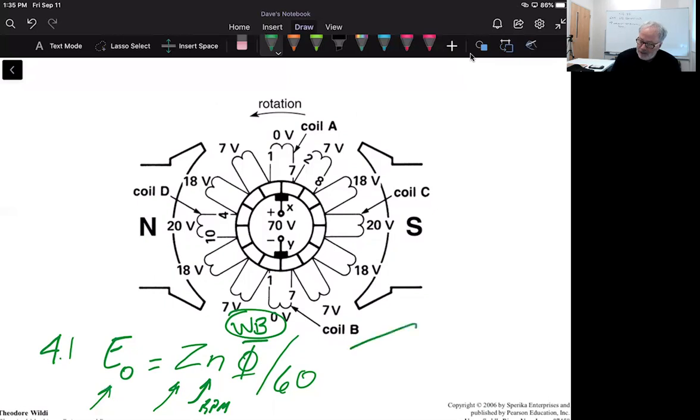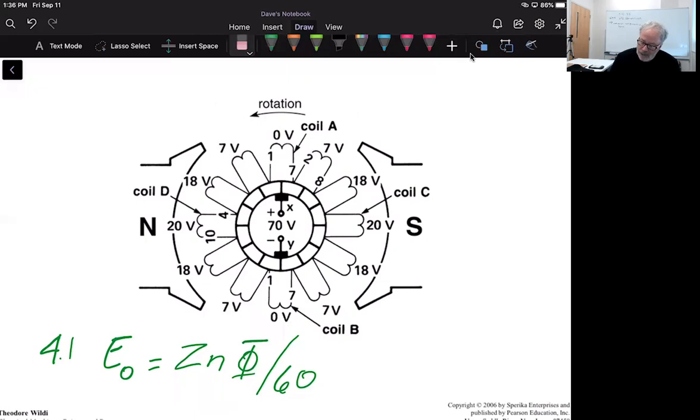And then the 60 is there because you're going back and forth between values per minute and per second. The 60 is just a number because the speed's given in RPMs. Again, we're not deriving this, and that's not critical, but I just point that out to you.